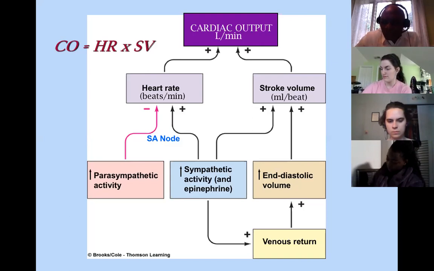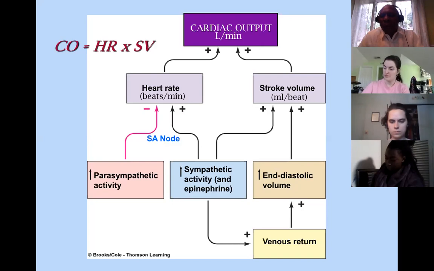So your cardiac output, the numbers you've given me now, will change when you go on a treadmill. This is at rest. The numbers you've given me are at rest. If you go to the gym, that will change.